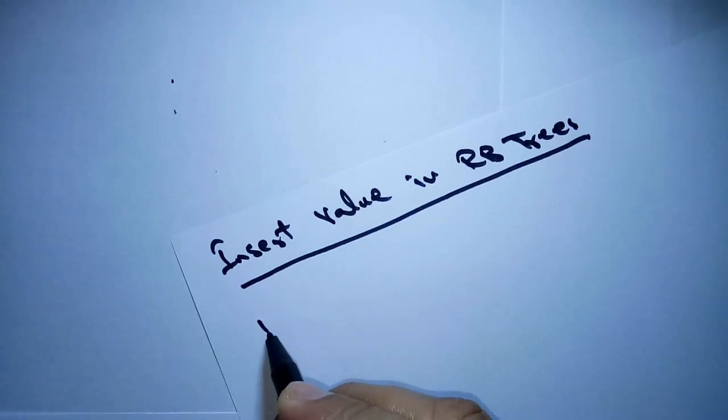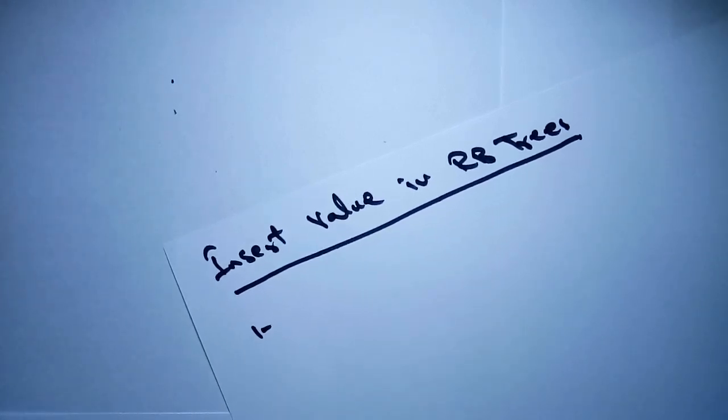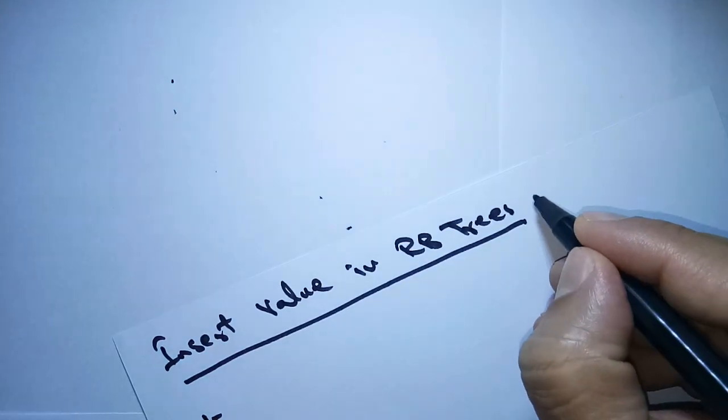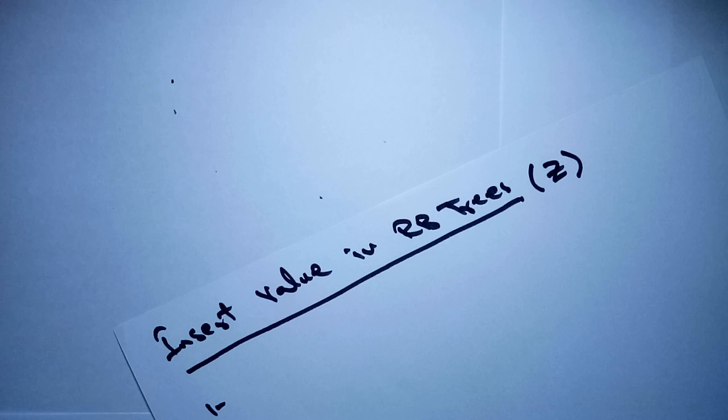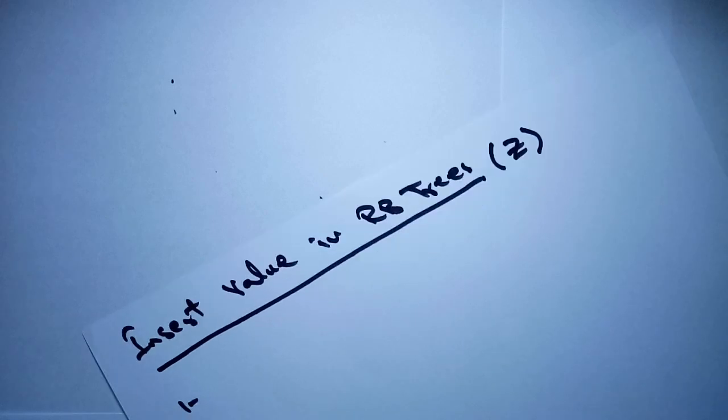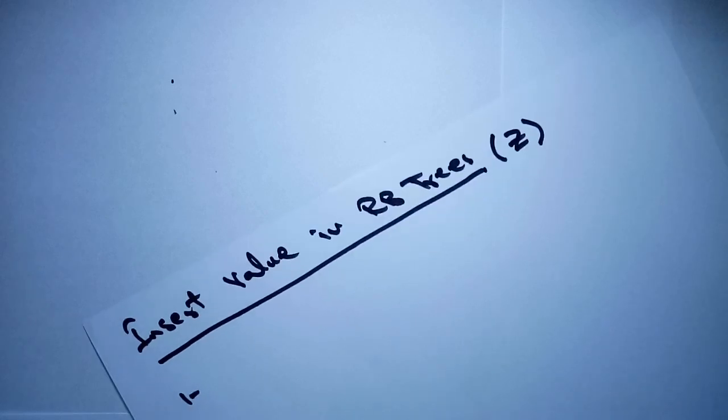Number one is, let's say the key that I want to insert is key Z. Remember, whenever you insert a new key node in a red black tree, the color of the new node is always red.